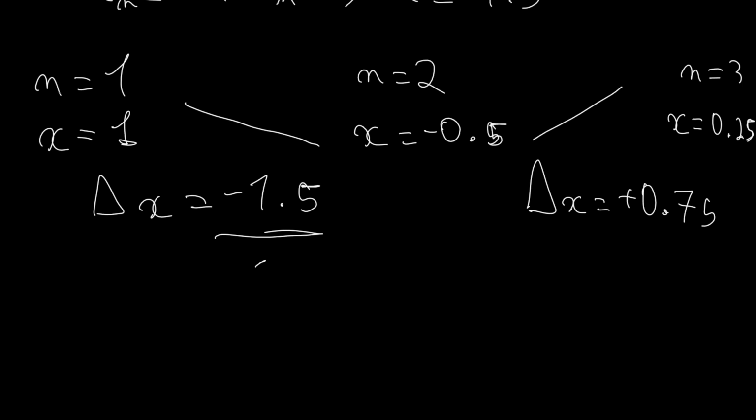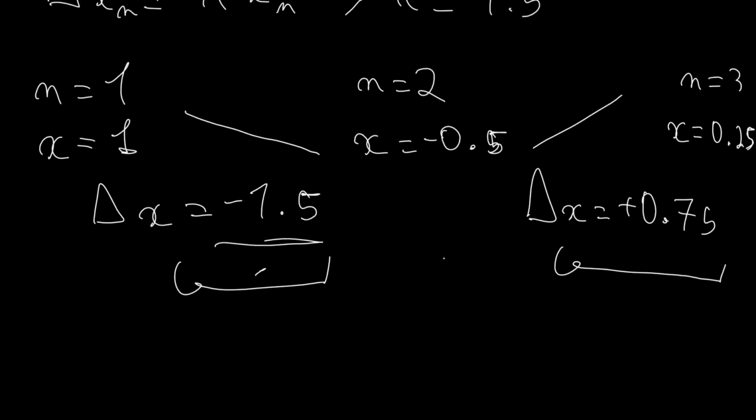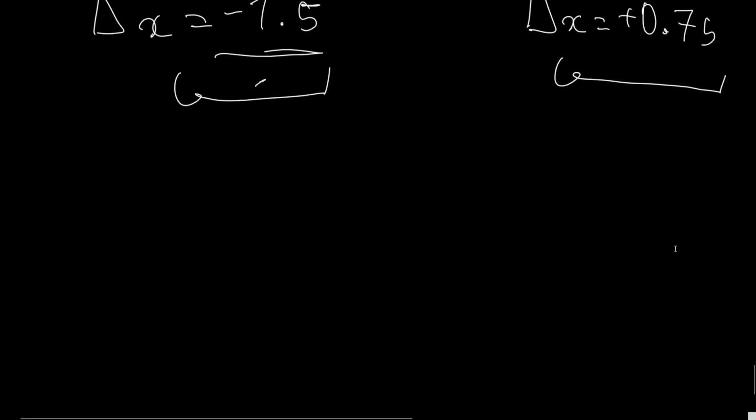First it went with an amplitude of minus 1.5, now it went with an amplitude of 0.75, so in absolute value, the amplitude is decreasing. So for the case where k is between 1 and 2, we get oscillations of decreasing amplitudes.